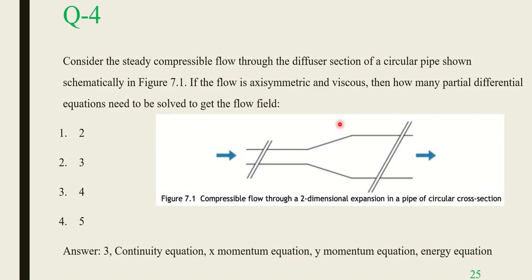At last we would be solving the energy equation also, because we are dealing with compressible flow. So it is continuity plus x momentum plus y momentum plus energy equation. Together it gives 4. So the answer is option 3, that is 4. This is the right answer.